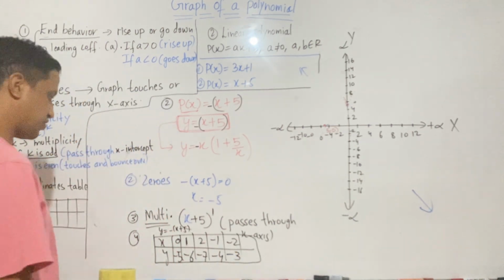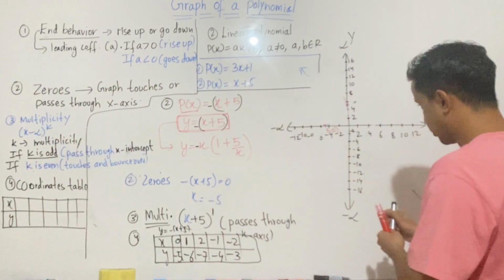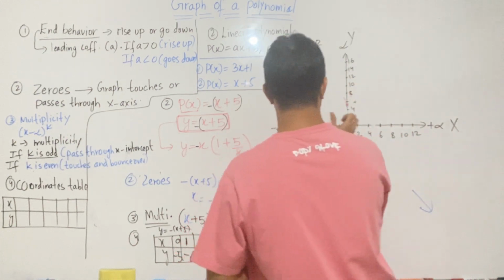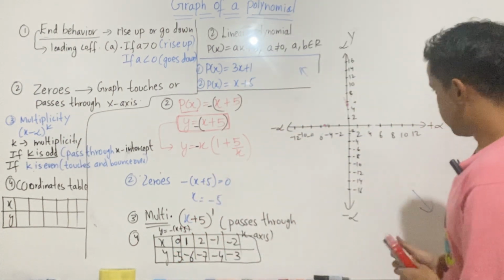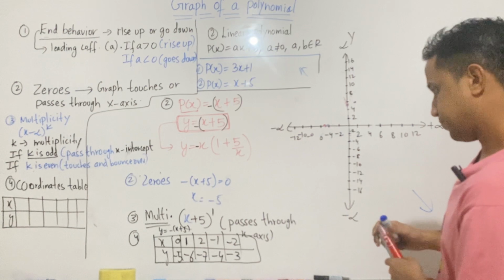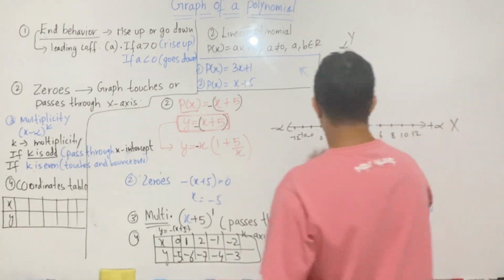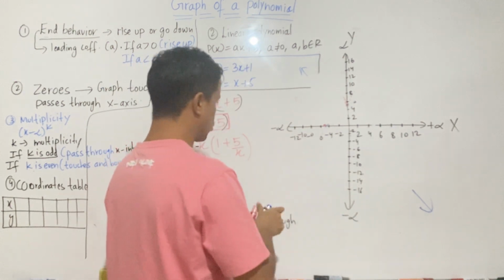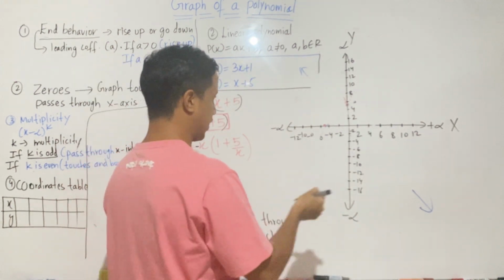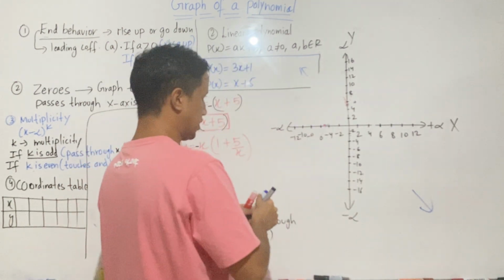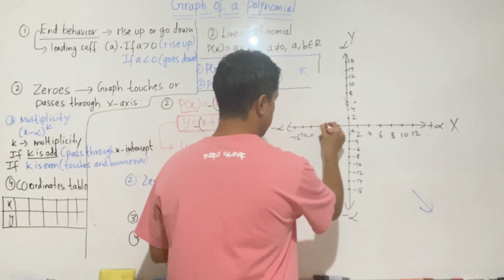Okay, let's see what points we are going to get. First of all, this is again going to be x equal to minus 5. So this is going to be our 0.